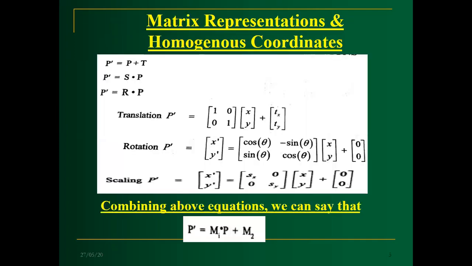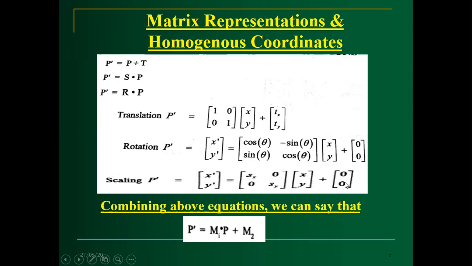You remember 2D transformations, we had translation, this is the equation: 1 0 0 1 times x y, plus dx dy. I will just multiply x y by 1 0 0 1, it doesn't make any difference. Rotation, we had cos theta, minus sine theta, sine and cos, times the point x y, and we will just add plus 0 0. Scaling, we had scaling factors times the point.